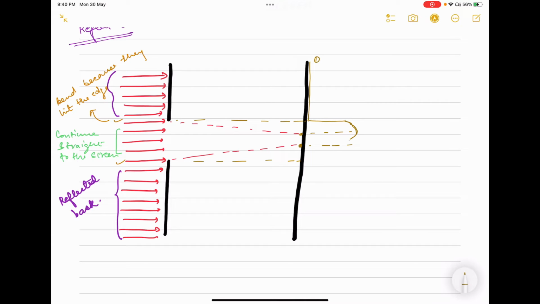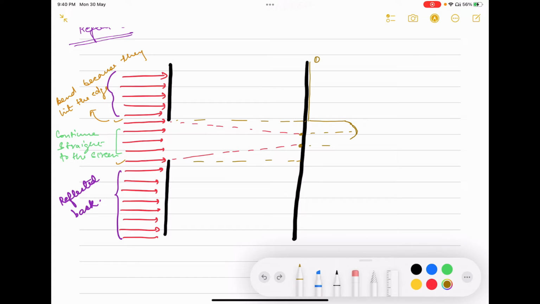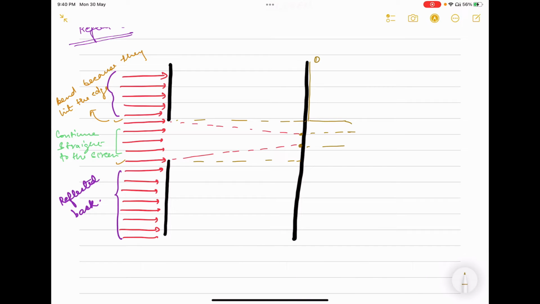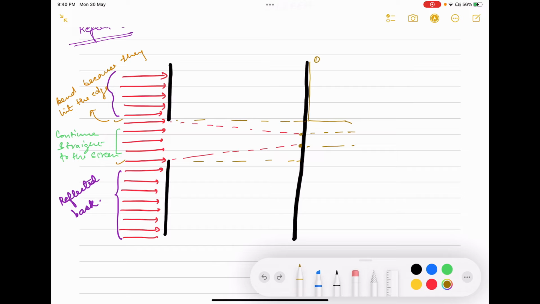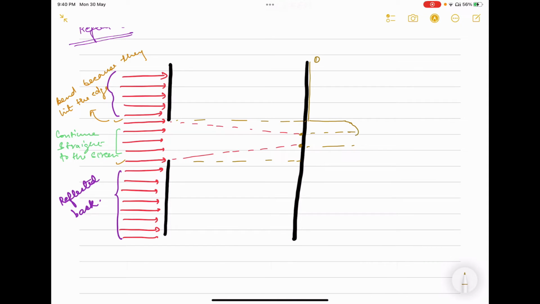So let us draw it like this: this is the highest and it drops, and then this is the highest and then it drops.